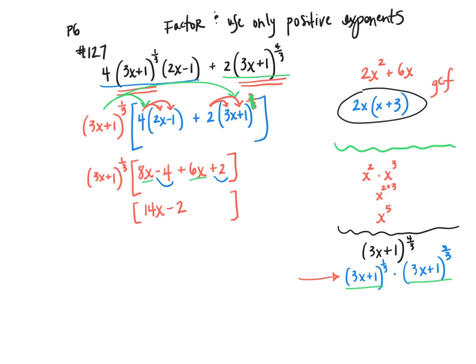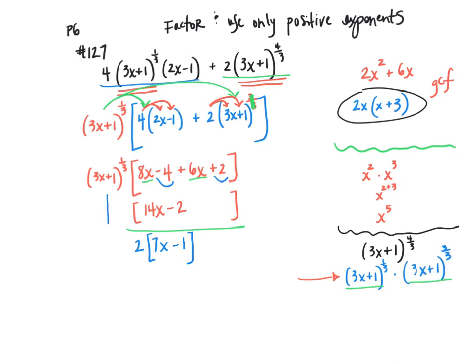Notice that 14x minus 2 has a GCF of 2. Since I'm factoring, I'm supposed to factor completely, even though it didn't say that. In Algebra 2, you'll always factor completely. So if I factor out a 2, it'd be 2 times the quantity 7x minus 1.